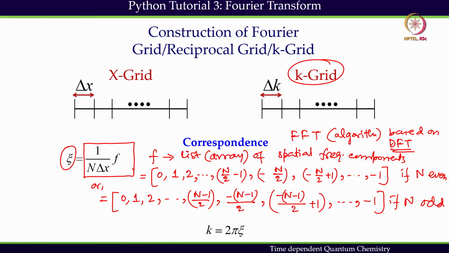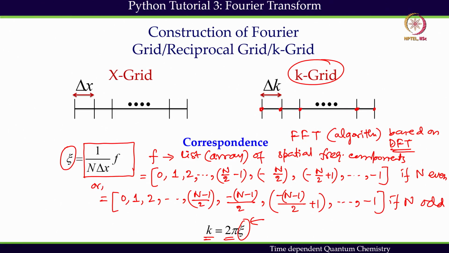This is the way FFT will create the frequency components, and once we know them, we know how to get the k grid points. The frequency components need to be multiplied by 2 pi, and then we get the k grid points. That is the way we are going to construct it.